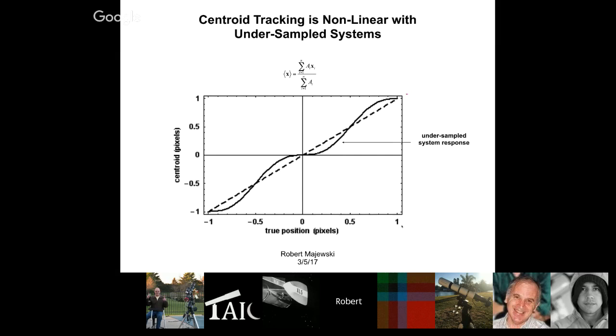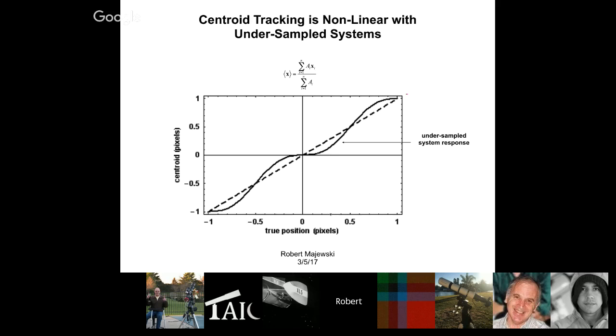What it amounts to is this: here's the centroid calculation. If you calculate the centroid of a star and you plot the centroid value as a function of the true position, if you're completely oversampled, if you have that really high F number I'm talking about, you will get this linear relationship. I'm ignoring noise in the system, and you will get the dotted line.